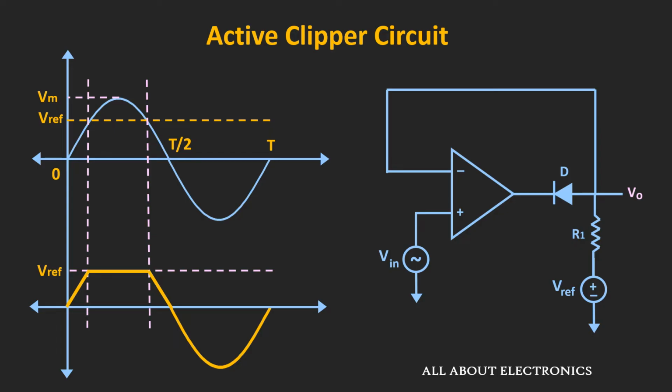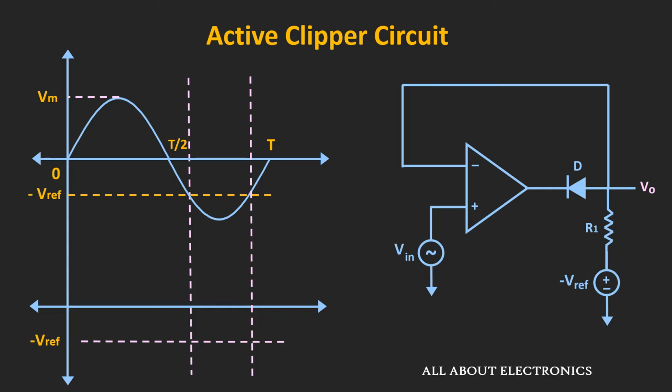Now in the same circuit, let's find out the output waveform when we reverse the polarity of this reference voltage. So here this minus V reference is the reference voltage and this is the input signal. And if you look over here, starting from 0 up to this point, the input voltage is greater than the minus V reference. So we can say that at that time this voltage V plus is greater than the V minus.